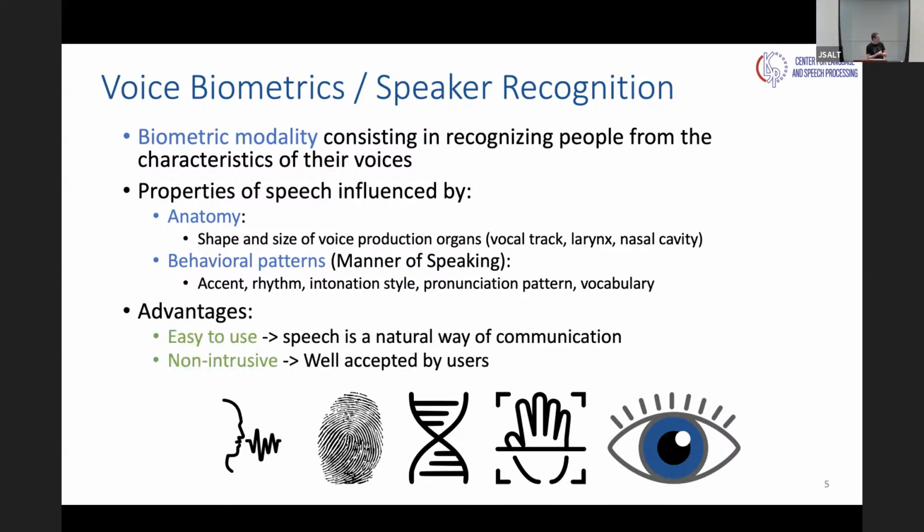There are many types of biometric modalities available. You have speech, fingerprint, DNA, but speech has certain advantages. Basically, one is that it's easy to use because speech is a natural way of communication, and also it's non-intrusive. That means that it can be well accepted by users because, for example, if you want to use the fingerprint, usually you have to put the finger on some sensor that may be dirty and you don't want to touch.